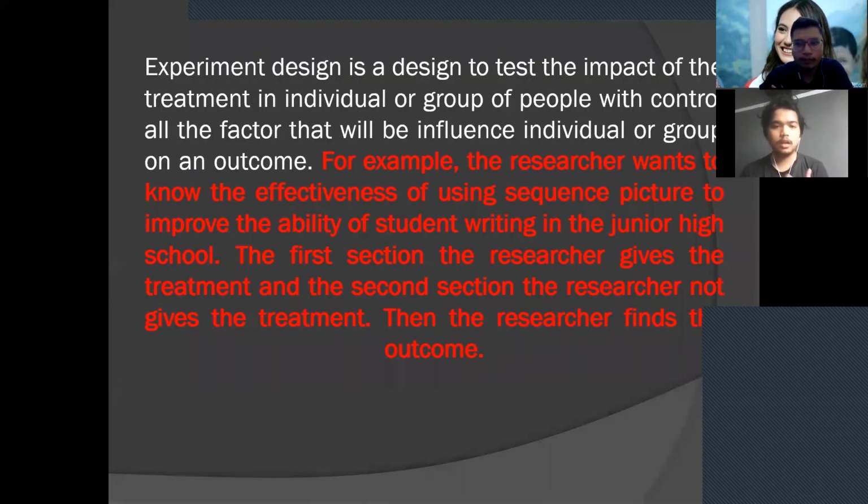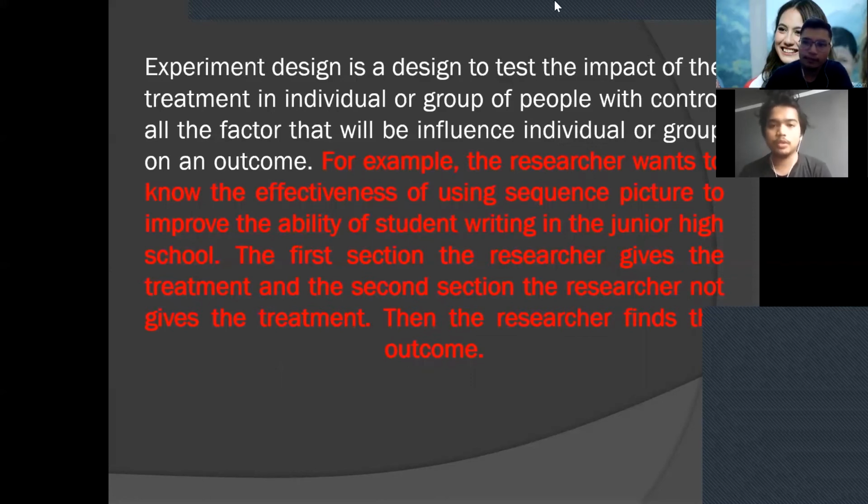Next, experiment. The second topic is about experiment design. It is a design to test the impact of a treatment on an individual or group of people, controlling all the factors that could influence the individual or group on an outcome.